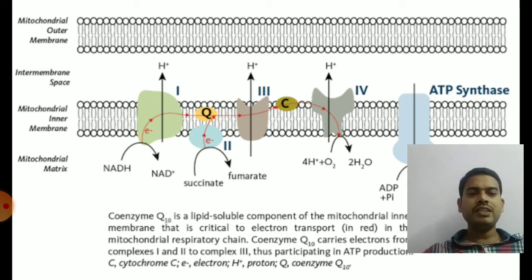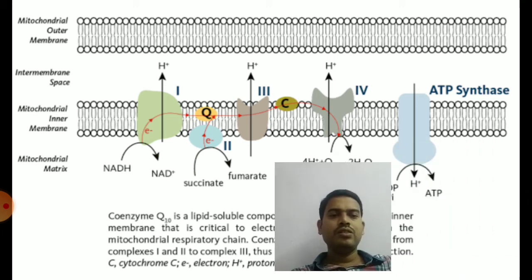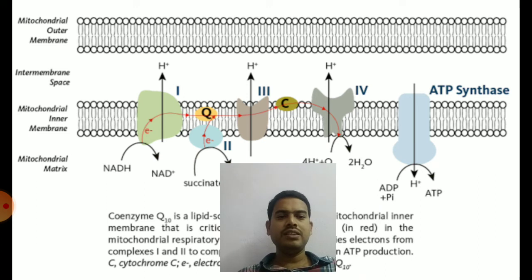And again this H plus will enter into the mitochondrial matrix through complex 5, that is ATP synthase, where ADP is coupled to inorganic phosphate to form ATP. So this is the overall view of oxidative phosphorylation. And this process of synthesis of ATP from ADP during transport of H plus ions from intermembrane space to mitochondrial matrix is called chemiosmotic theory, which was proposed by Peter Mitchell.